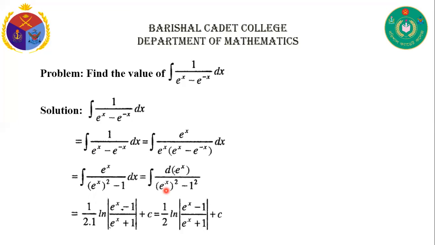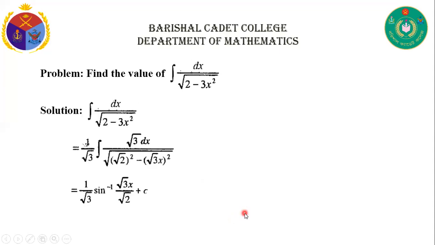Here x is e^x and a is 1. So 1/(2·1) ln of (e^x - 1)/(e^x + 1) plus c. After simplifying, we get 1/2 ln |(e^x - 1)/(e^x + 1)| plus c.